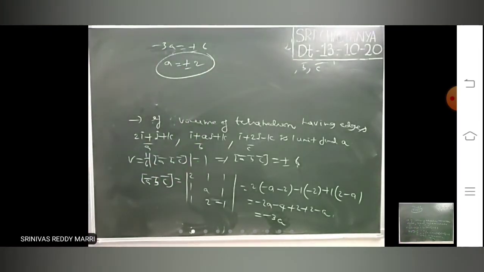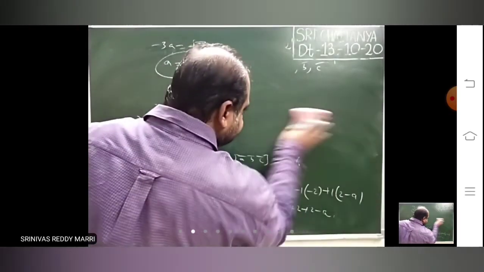That is the answer. 1 by 6 into parallelepiped means box. Right? So this is when 3 edges are given.